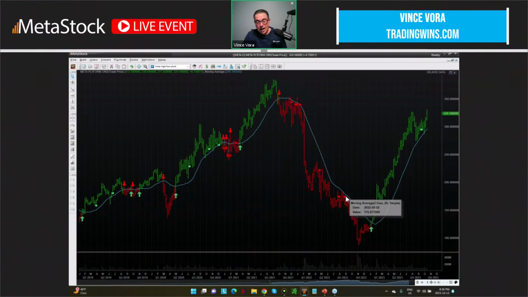What happens? I finally get the kind of setup that I'm looking for. Look at the dramatic slope on that 20. It's almost vertical, okay? I look to my left, there's a lot less activity. I'm close to the 20, and off it goes, all right? And these aren't small moves that we're talking about here.